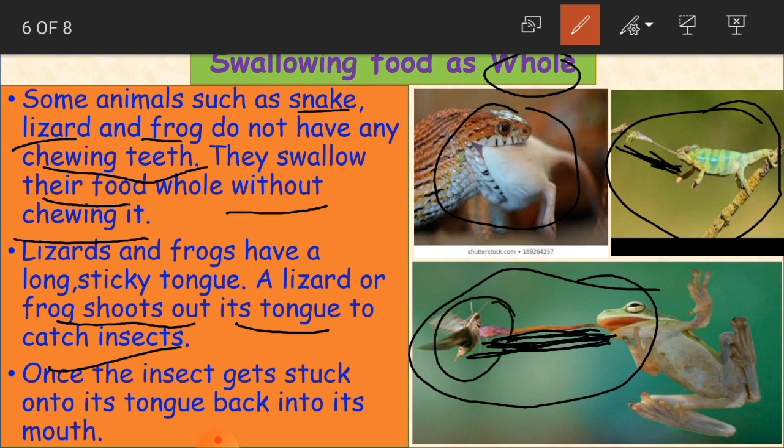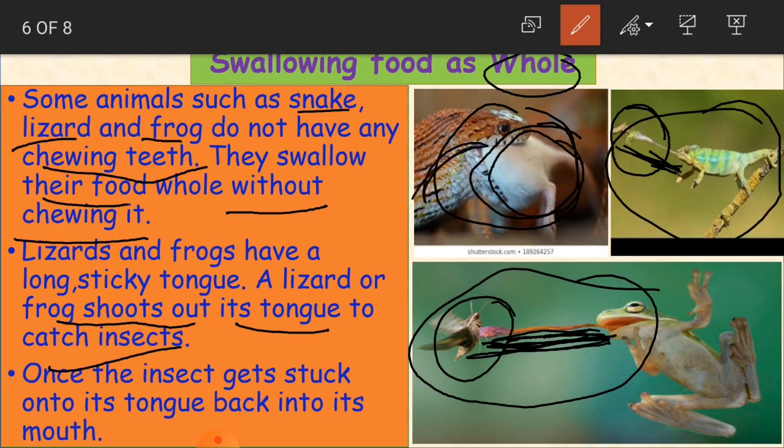See here how long the tongue spreads out to catch the insect. And here they are taking it as a whole. This is some insect here, taken as a whole as their food.